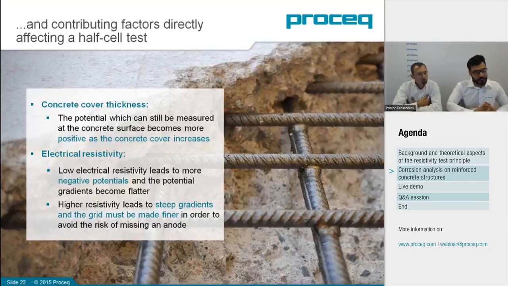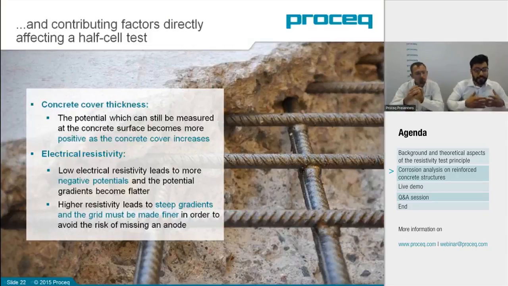On the other side of the scale, electrical resistivity directly influences the half cell potential as well. When we're dealing with low electrical resistivity, we expect a more negative potential, and the potential gradients become flatter. In areas where we expect a higher resistivity, we tend to see steeper gradients.